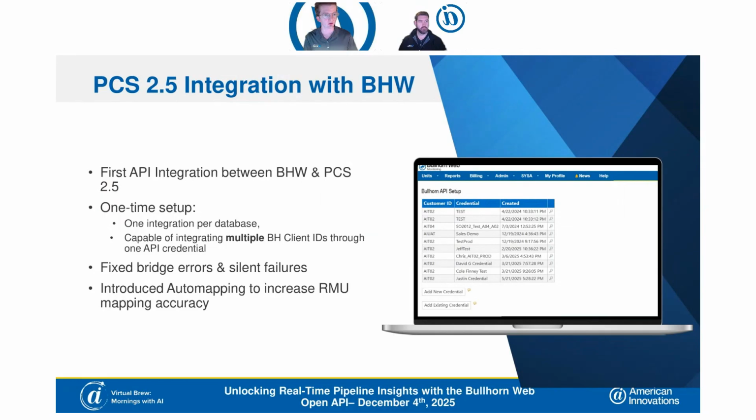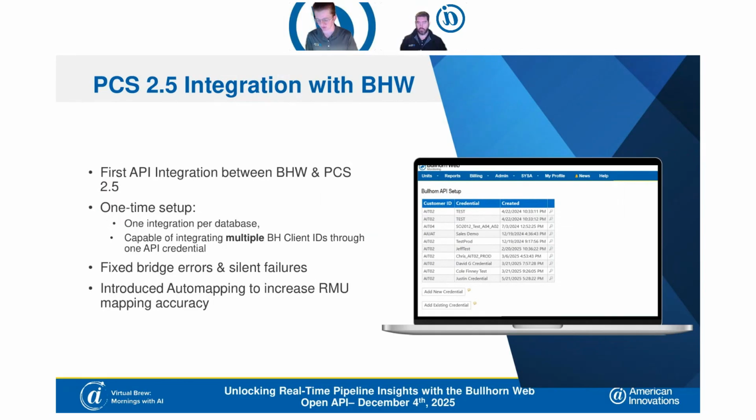What was valuable about this is you had a more automatic, somewhat real-time or scheduled transfer of data from Bullhorn Web into PCS that was less prone to errors you may not capture, because unlike the bridge or some of these other scheduling tools, an API is almost instantaneous.